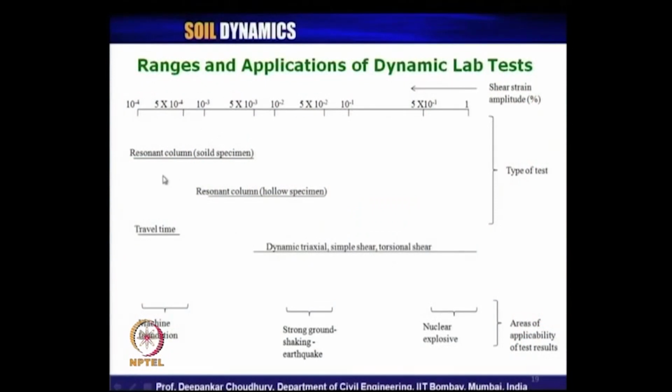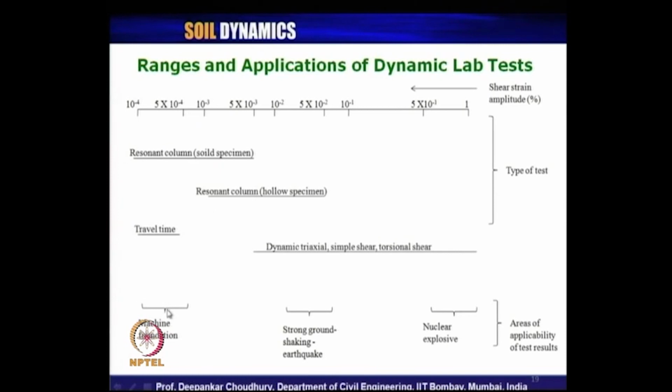So, for machine foundation design, which laboratory tests can you use? Resonant column test, travel time test, bender element test, piezoelectric bender element test, all these values of dynamic soil properties of G and damping ratio you can effectively use for the design of machine foundation. So, only for the design of machine foundation will these tests be proper.